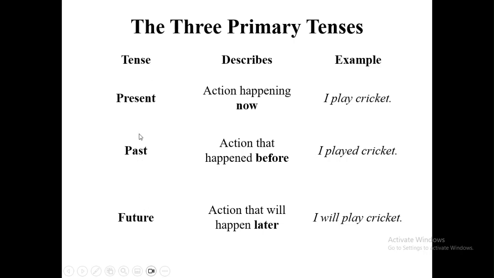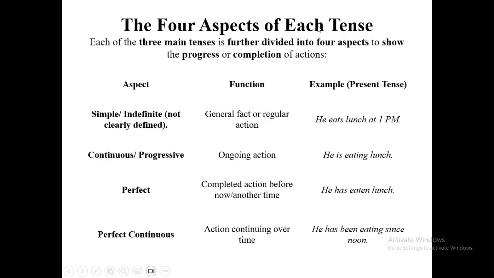These three tenses are further divided into four aspects. We have four aspects of each particular tense. The three main tenses are further divided into four parts or four aspects to show the progress or completion of actions. To express the progress, meaning is it going on now, or the completion, already completed, the finished actions.